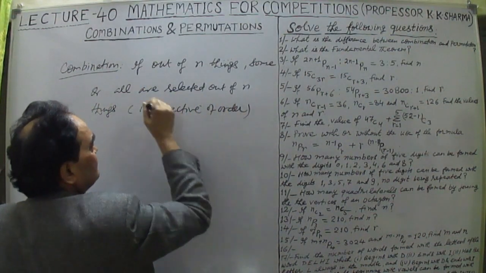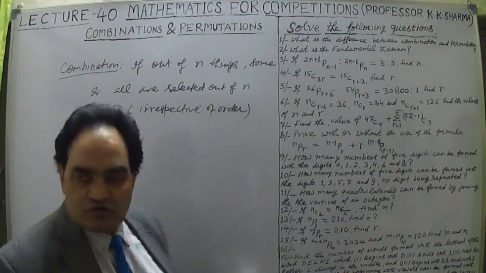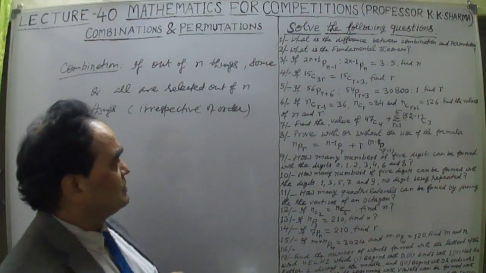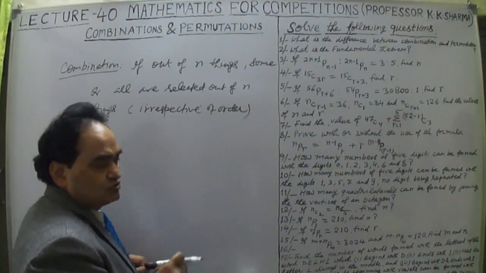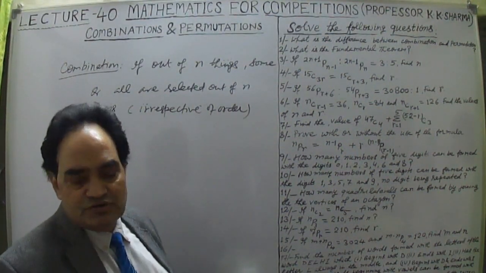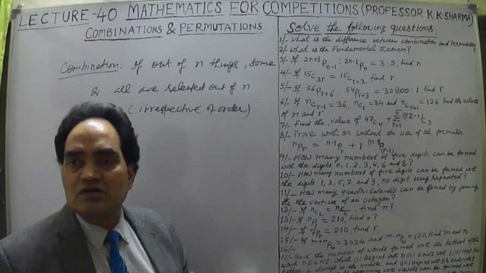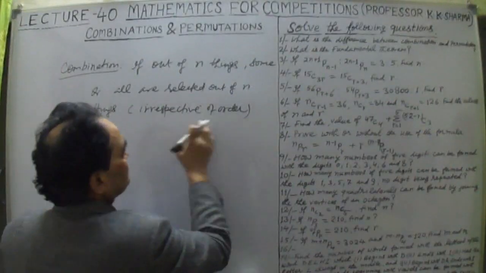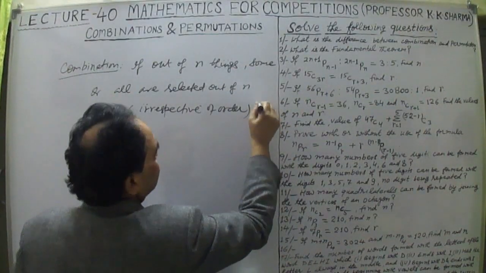Here order doesn't matter, right? If order is to be mentioned, then we will talk about it in the case of permutation. Permutation is with order, because if order is mentioned, then permutation is done. In the case of combination, order is not there.